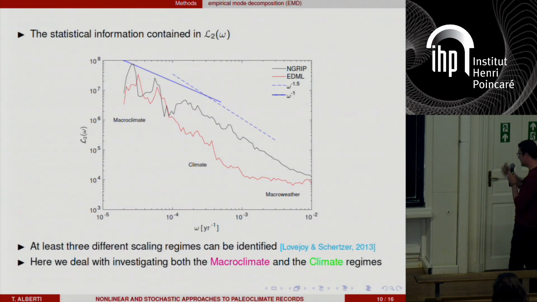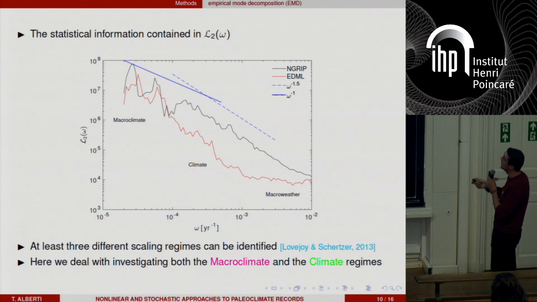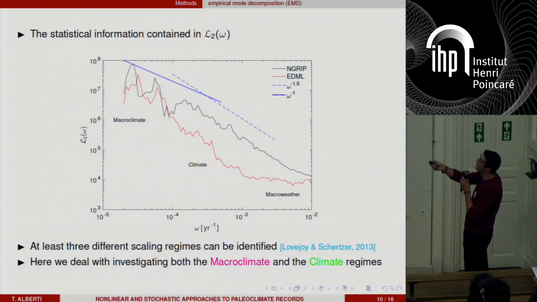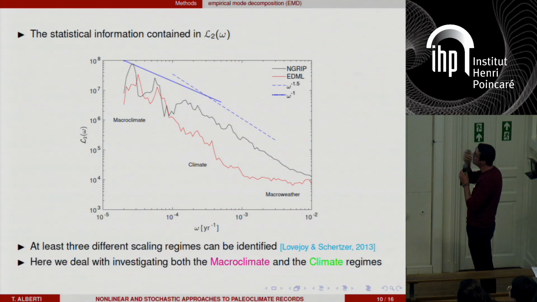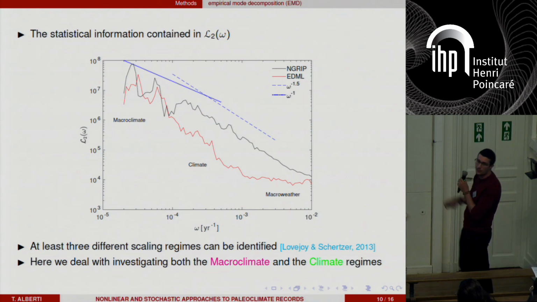What is interesting is that if we plot the information contained in the Hilbert marginal spectrum, we obtain different scaling laws. This scaling law was identified by Lovejoy and Schertzer, who associated it with the macroweather scales, the climate and the macroclimate.